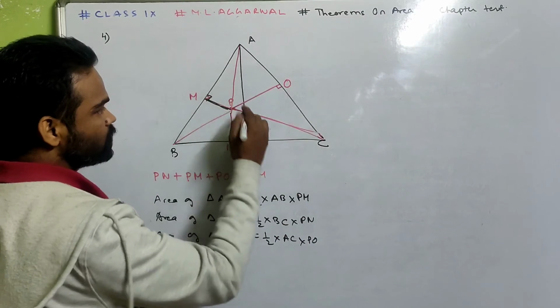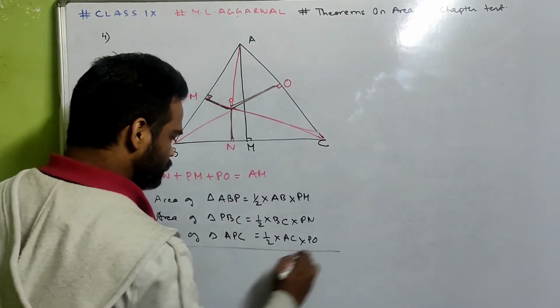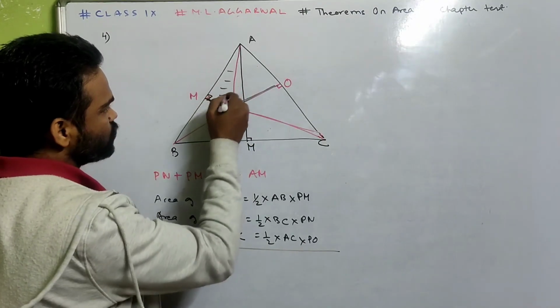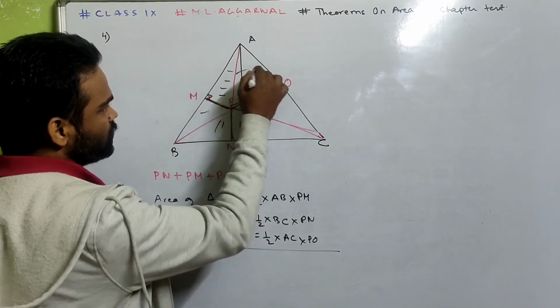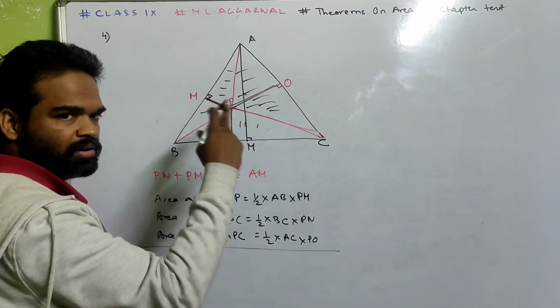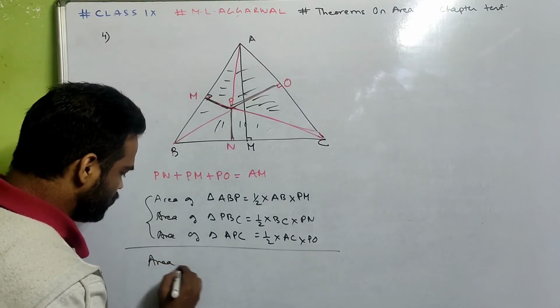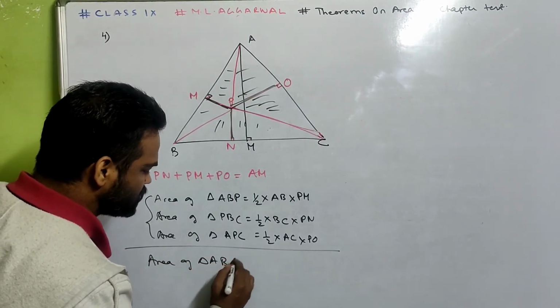Got it? Very easy. The 3 triangles. Now add all these 3. So when you add these 3 triangles, you will get the area of the triangle ABC.